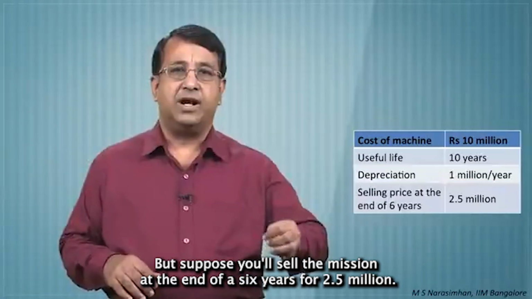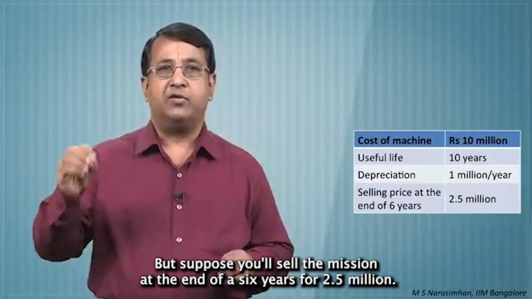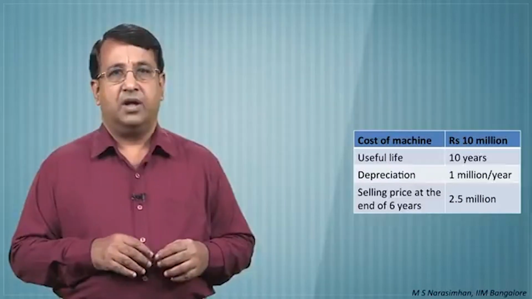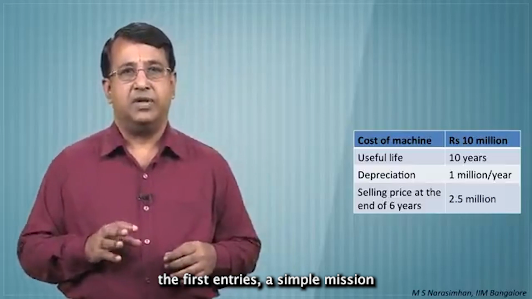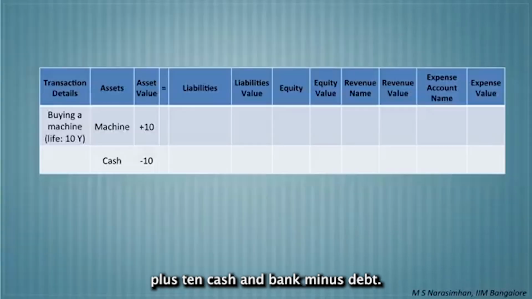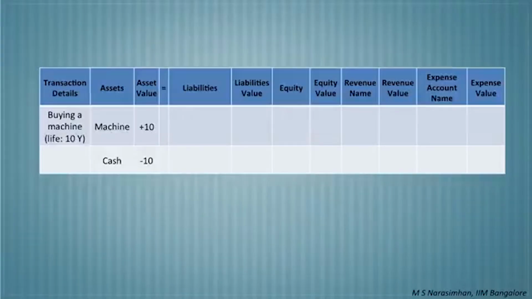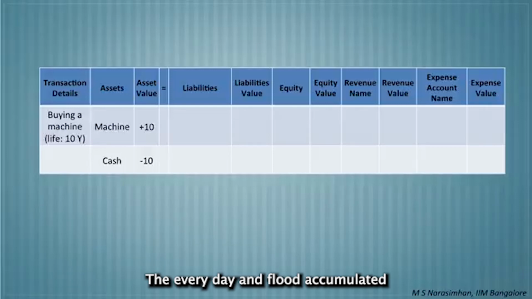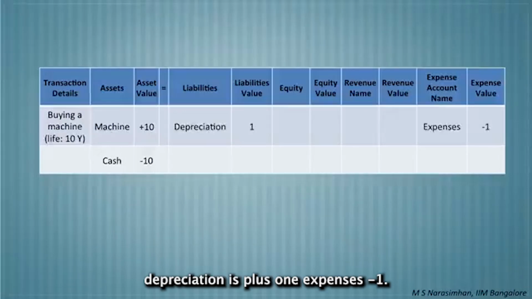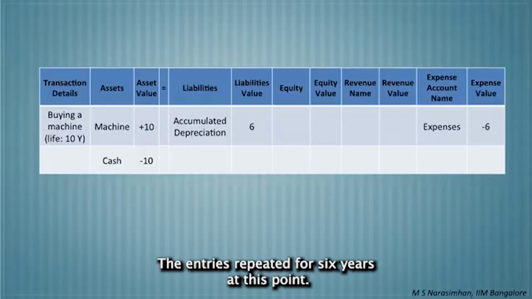Suppose you sell the machine at the end of 6 years for 2.5 million. How are entries made? The first entry is simple: machine plus 10, cash in bank minus 10. Every year the entry for accumulated depreciation is plus 1, expenses minus 1. The entry is repeated for 6 years.